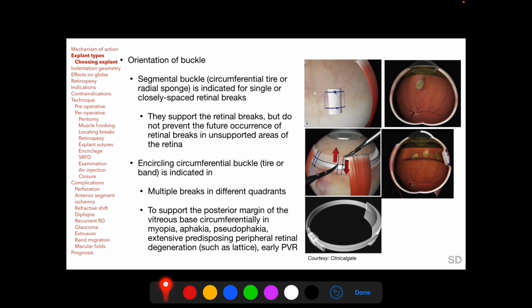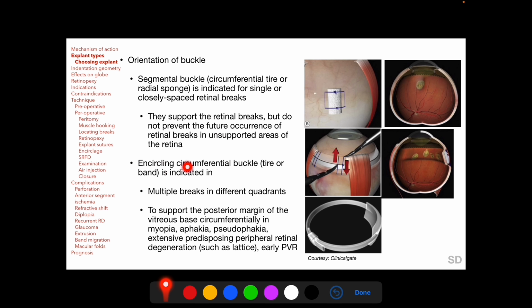Segmental buckle, such as a segmental circumferential tire or a radial sponge, is indicated for single or closely spaced retinal breaks. They support the retinal breaks but do not prevent the future occurrence of retinal breaks in the remaining unsupported areas of the retina.